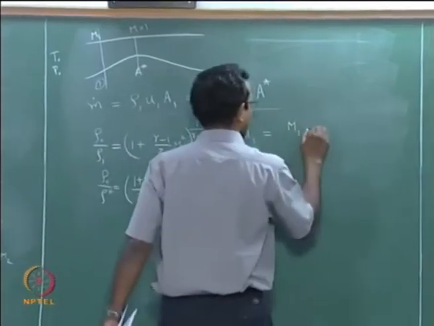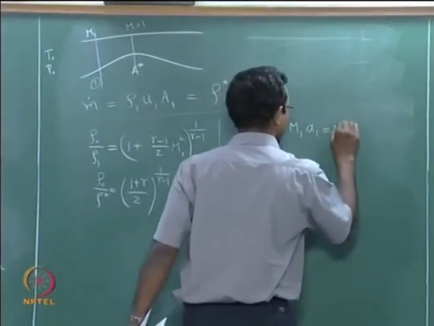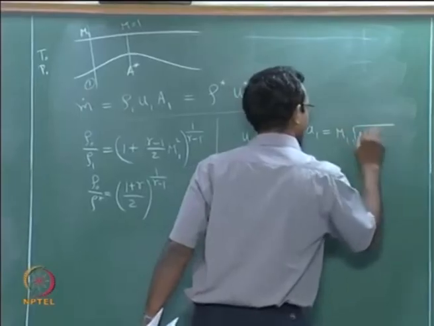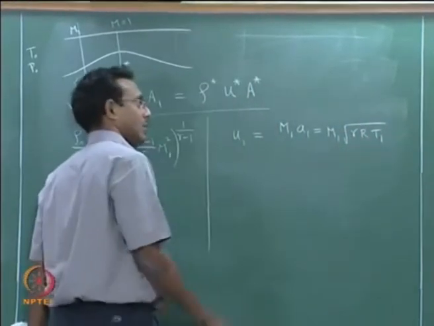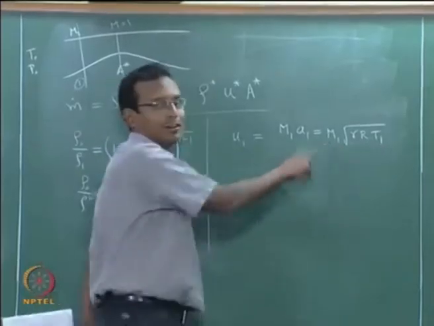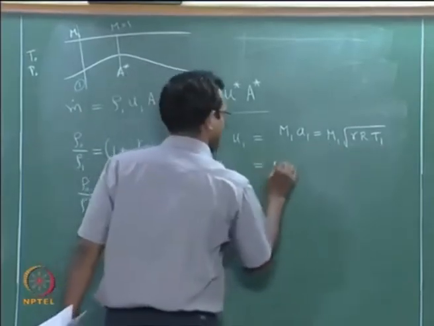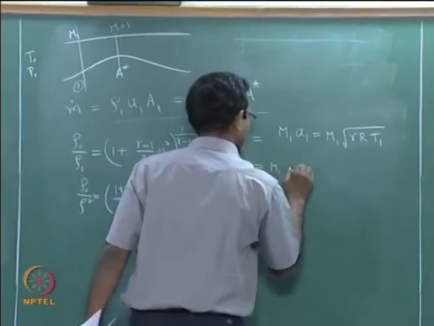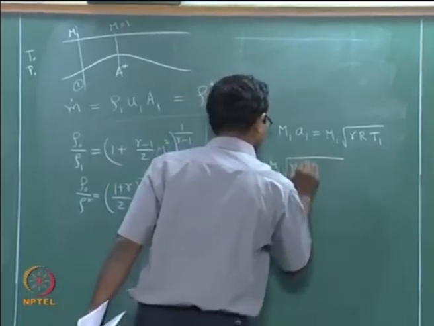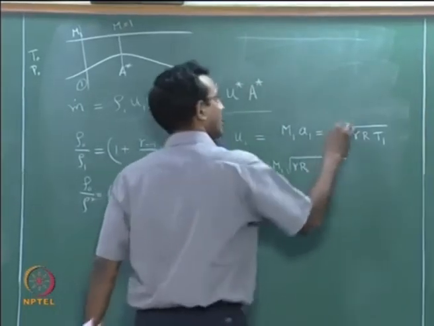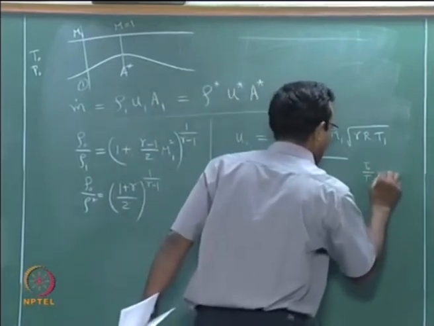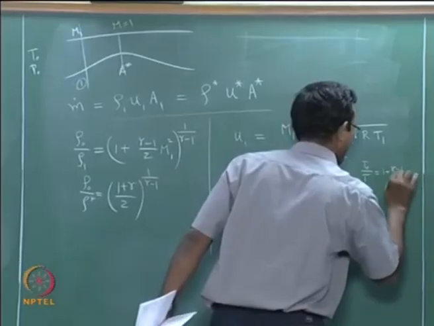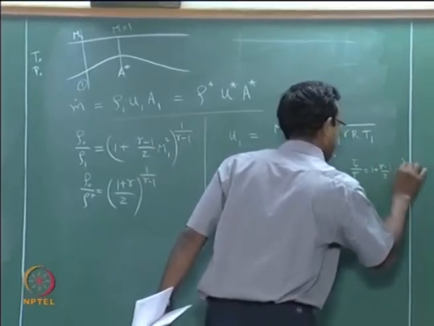So it will be m1 times a1, which is written as m1 times square root of gamma r t1. Now I still have to write t1 in terms of Mach number. I will write a separate expression here: t naught by t equal to 1 plus gamma minus 1 by 2 m square.